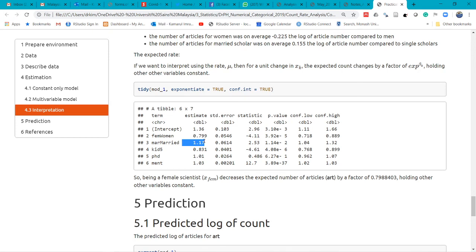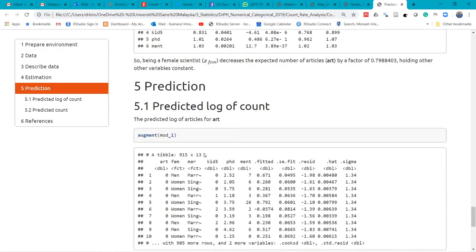So it means that if the scholars are married, they have more articles, and the number of articles grows at a factor of 1.17.